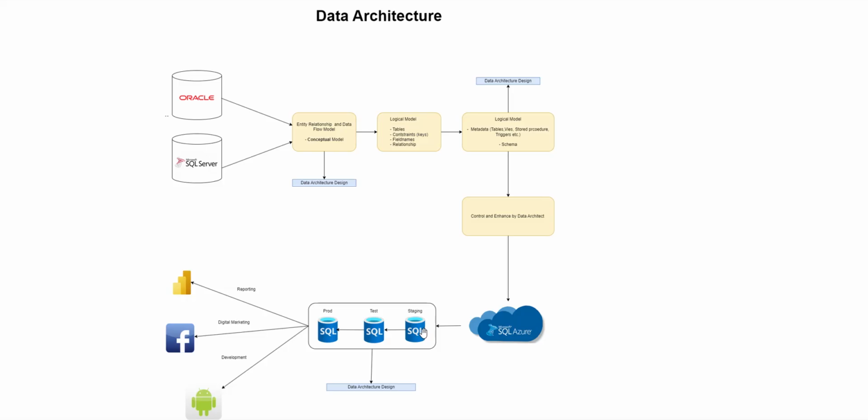Each database has a different instance. For example, staging is an instance for dumping all the raw data, then it transfers to the test or development environment, which is another database instance. And once the development and testing are done completely, it will transfer to prod. Then prod is another database instance.